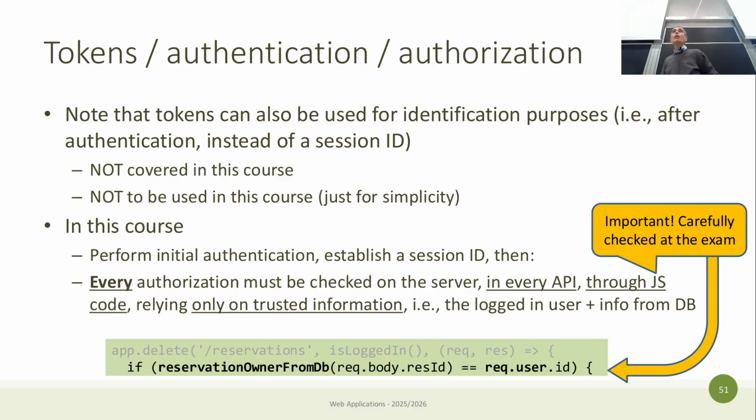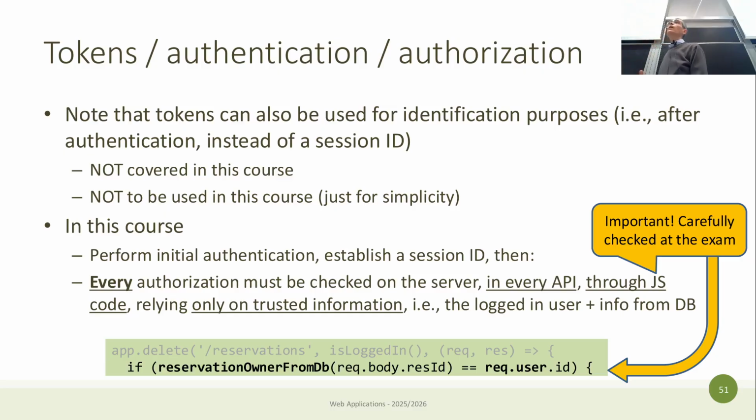And more or less, it works like the session ID, but what's the difference? The difference is that once you have a token, it expires when the expiration date in the token itself is reached. You cannot make it expire before, unless you keep a list of tokens which are not valid anymore, even if they are not yet expired.